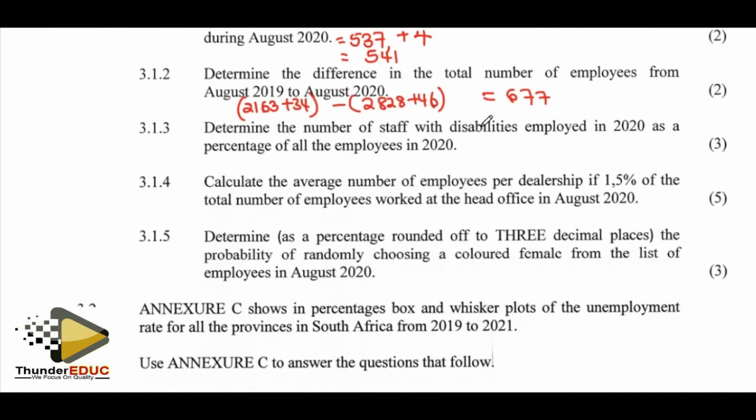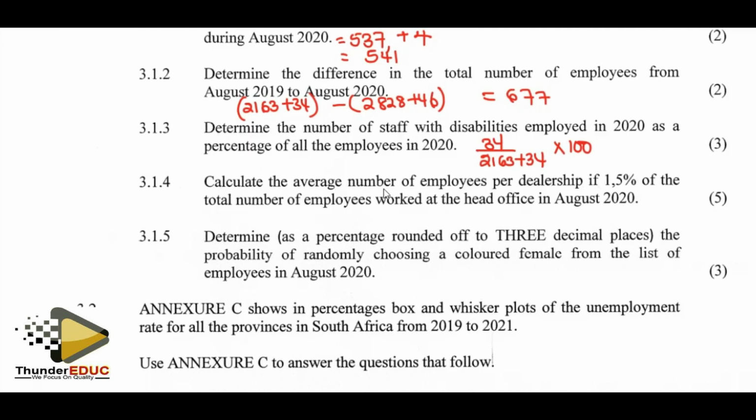Determine the number of staff with disabled employee in 2020 as a percentage of employees. You will see that there are 34 over the total, which is plus 34 times 100.